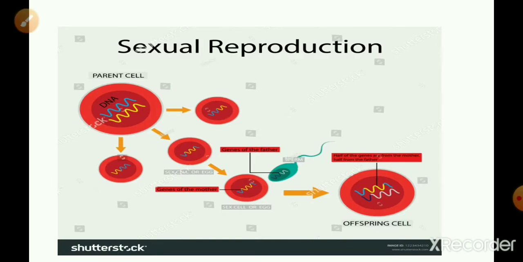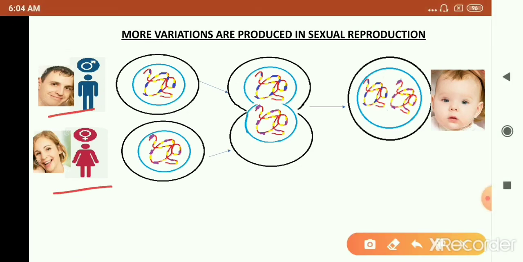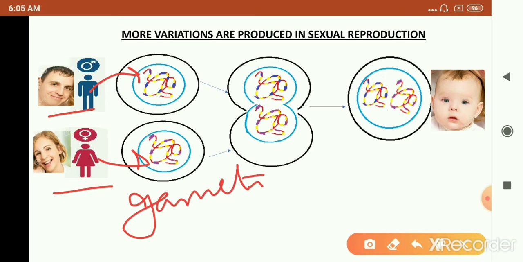And the reason behind that is that in case of sexual reproduction, there are two parents involved. So, two parents will be contributing their genetic material through the gametes, right? I've already discussed that in the process of sexual reproduction, there are gametes involved.